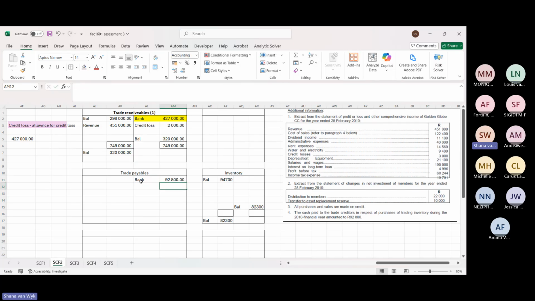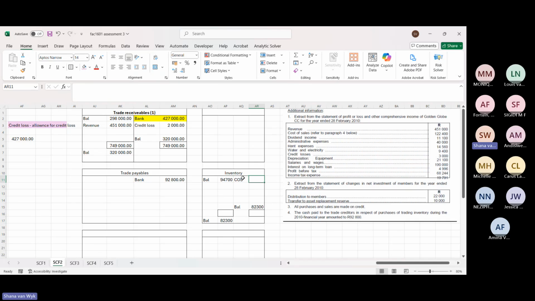92,800. Let me quickly think, because I did do an example like this. So now we know cost of sales must come here. Is it on the debit side or credit?